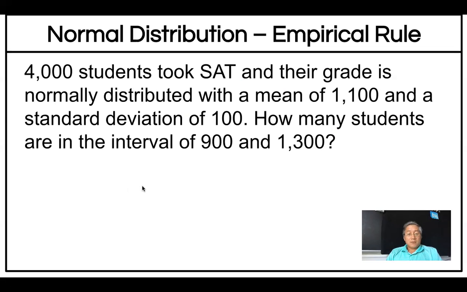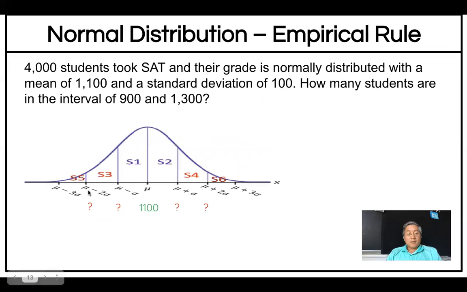So how, visually, right? Okay, you draw it like this. In the middle you have the mean. You don't need to draw everything like this. You can draw just a number line, just one line here, and put the mean 1,100.